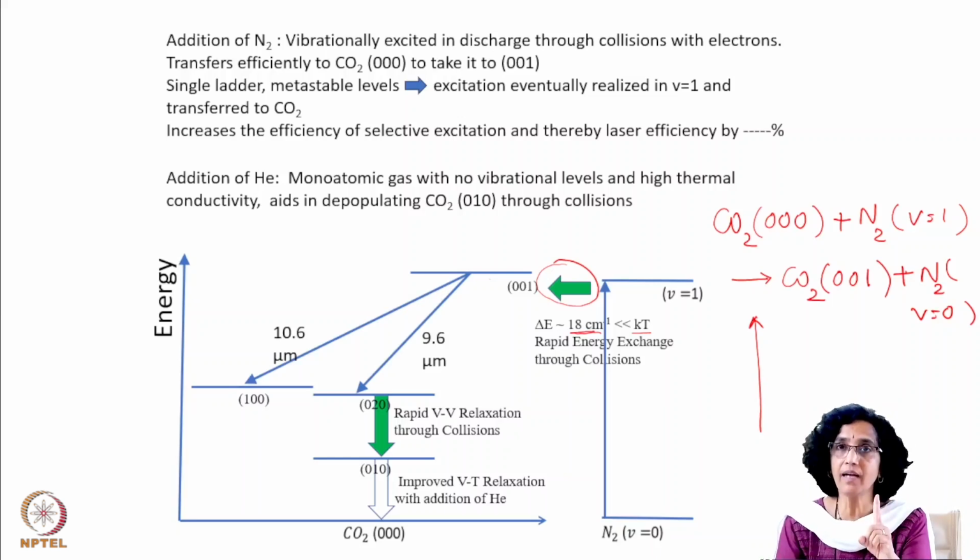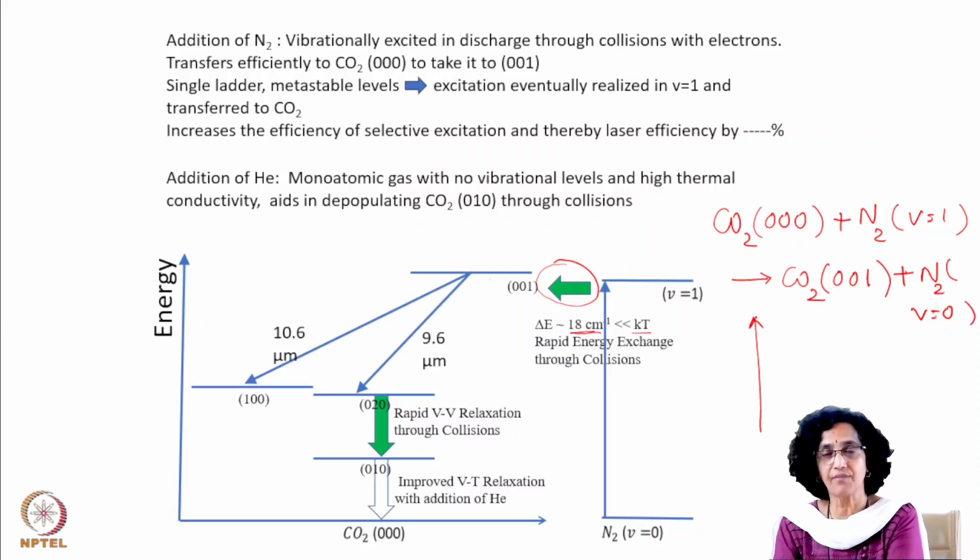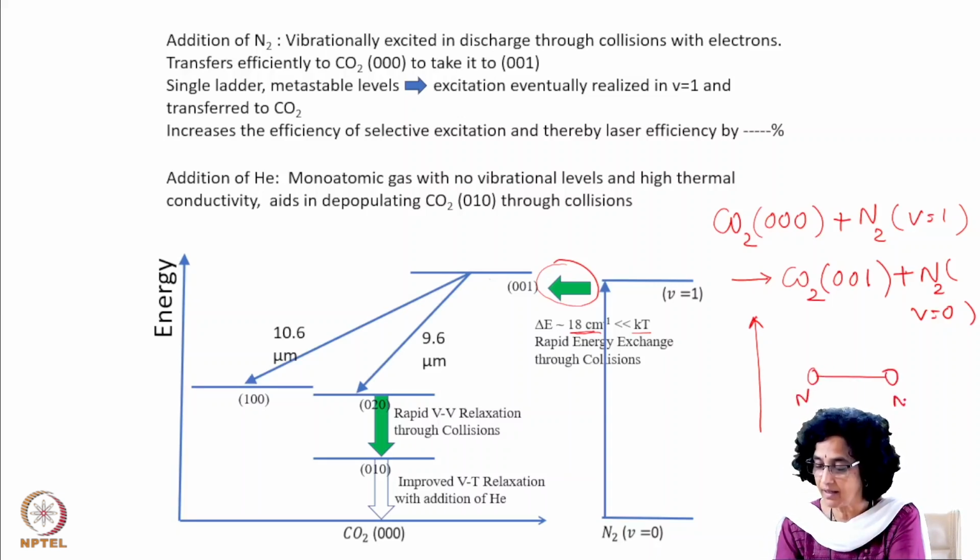It has only one ladder of vibrational modes, and another thing that I have told is that it is a linear symmetric diatomic molecule, N-N, and therefore the vibrational transition from V equal to 1 to V equal to 0 for nitrogen is prohibited. Why is it prohibited? Same as what we saw for CO2 100. This is symmetric.